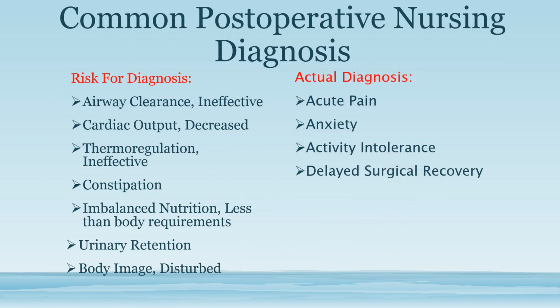And here are some common postoperative nursing diagnoses. Risk for diagnoses include ineffective airway clearance, and this can be related to decreased respiratory function or pain or bed rest. Decreased cardiac output can be related to shock or hemorrhage. Ineffective thermoregulation can be related to surgical environment and the anesthetic agent used.